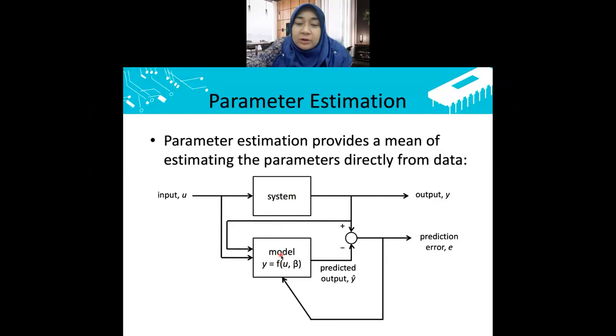For example, what is an example of this? Say you have a linear relationship or a linear equation on a system, so you can apply an input to the system and get an output. I think you've done this many times last time during your experimental activities. When you plot the graph, you model it as y equals mx plus c, for example, for a linear model, isn't it? So that becomes the model of your system, a linear model.